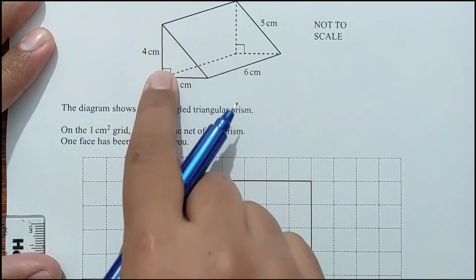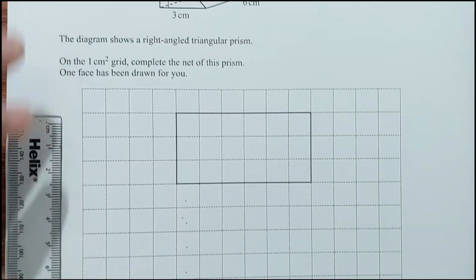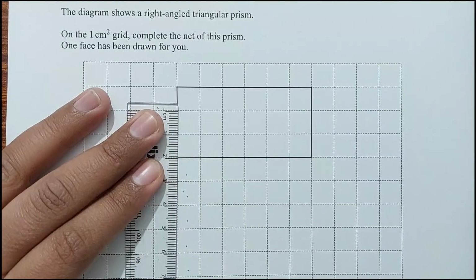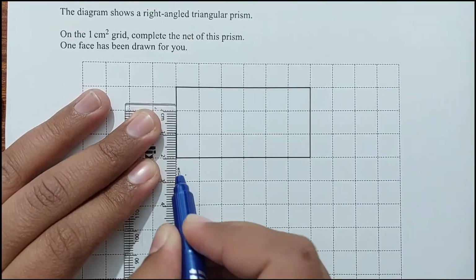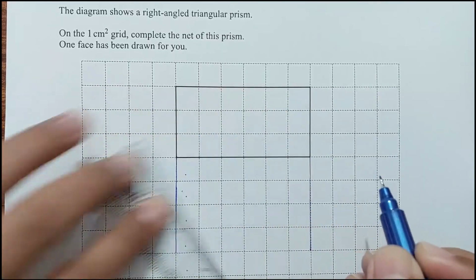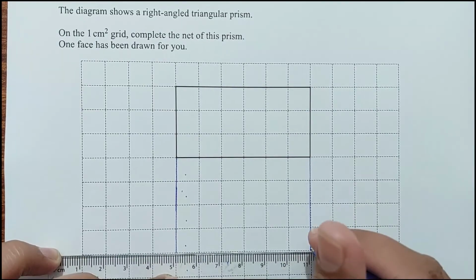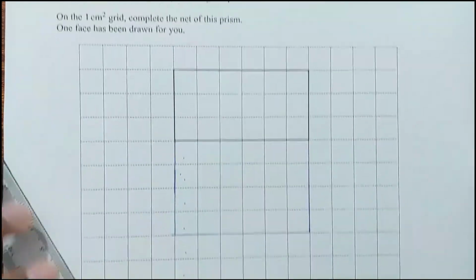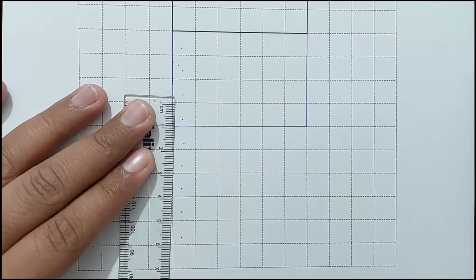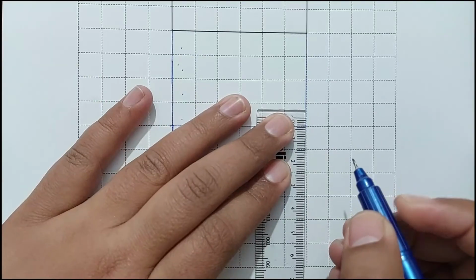Now the next is 4 and the base is 6. 4, 6 and 5, 6. This is 4 by 6. The next is 5, 6 we have to draw. This one is 5, 6.